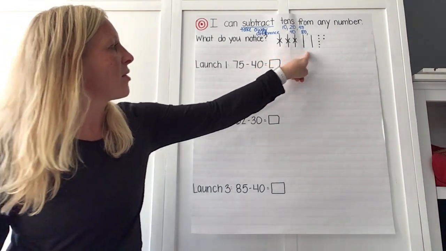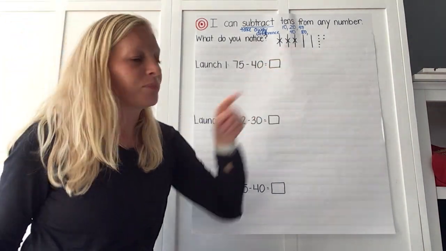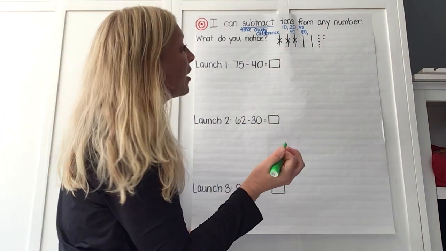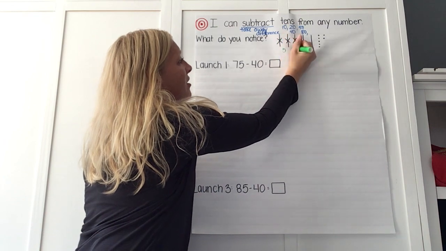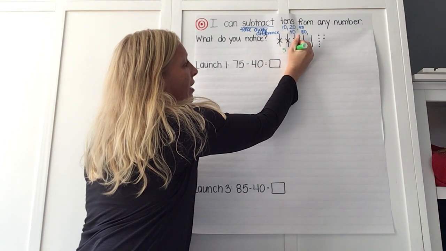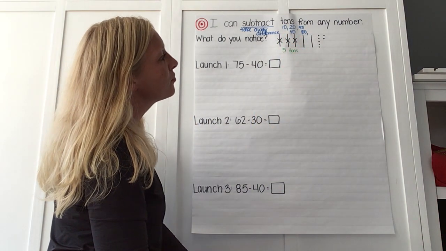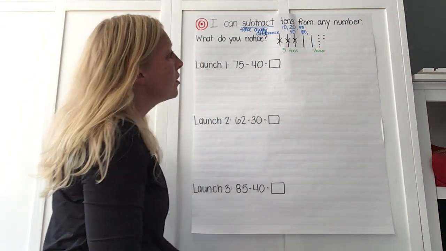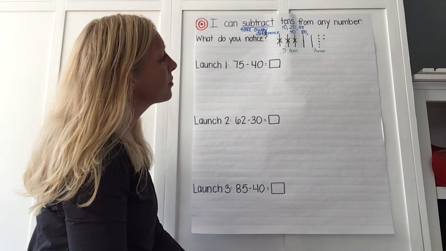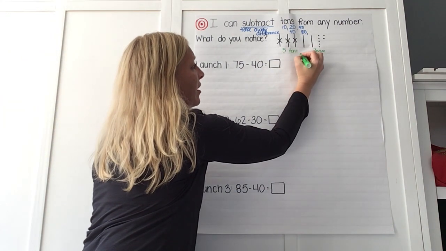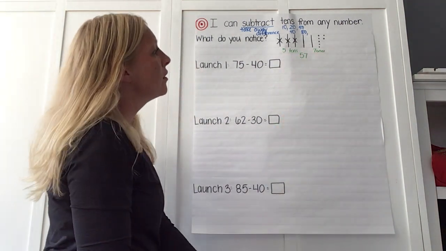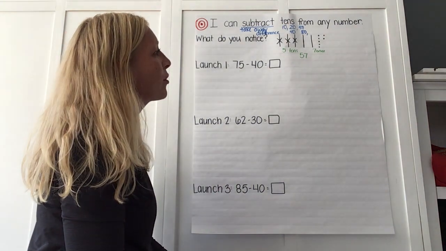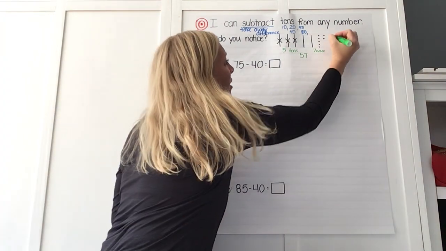What do you notice about this model right here? Okay, there are 5 tens. What else do you notice about this model? There are 7 ones. What else? That does make 57. Somebody said, I noticed that you're taking 3 tens away.